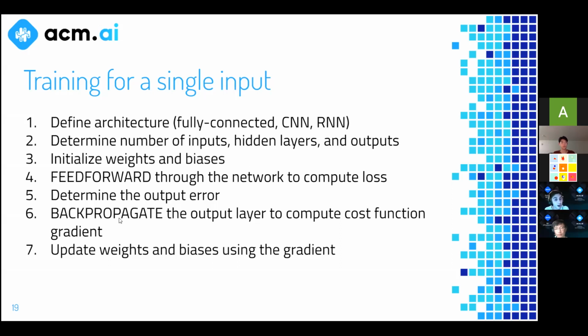Then once we have the output layer, we're going to use this very famous algorithm called back propagation in order to actually update the weights and biases in our network. This is ultimately how the network's actually learning. When people talk about machine learning and how neural networks learn things, it's using this algorithm. Backpropagation is how the weights and biases actually get updated.